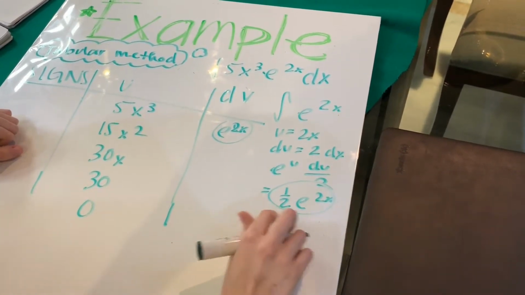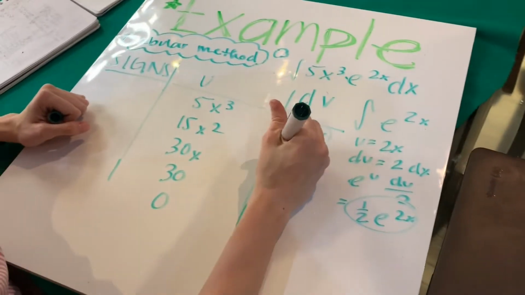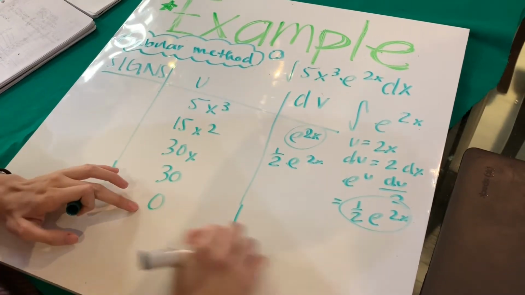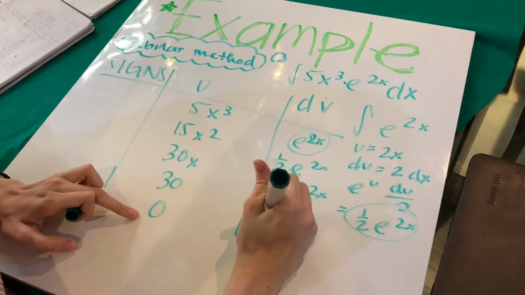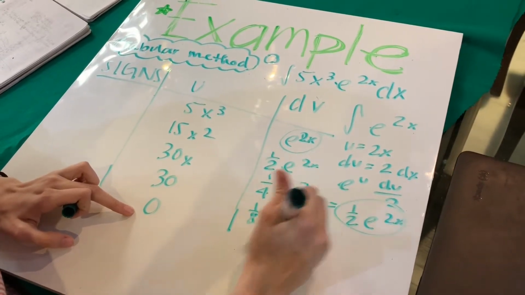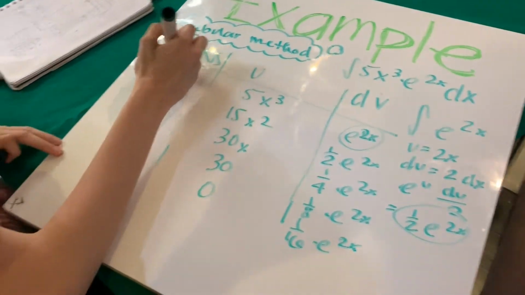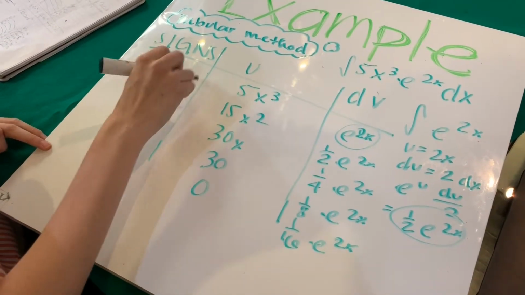Since we now know that this is the integral, we can just repeat the process multiple times until we get to the 0 that is here. And the signs, we're going to start with positive, negative, positive, negative, positive.